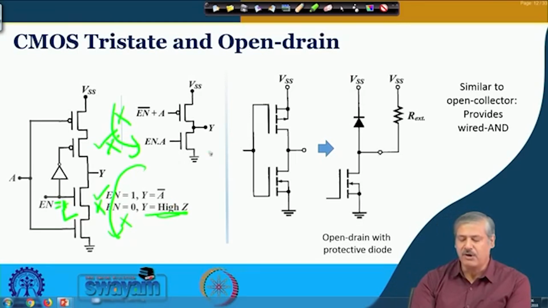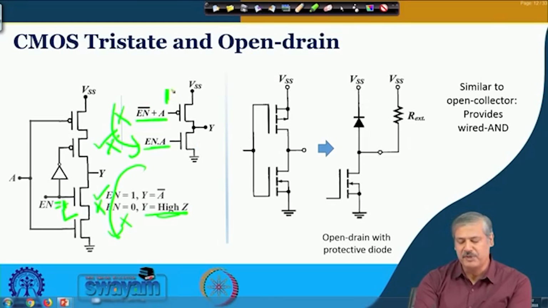So, similar thing can occur if we have a circuit like this. The previous stage is enable bar plus A, that means enable complemented or A, and the NMOS is driven by enable ANDed with A. You will see when enable is 0, okay, then this is 0, right, and this is 1.